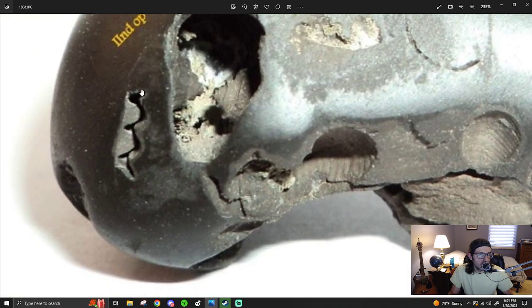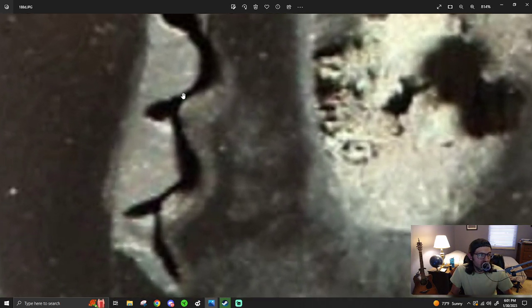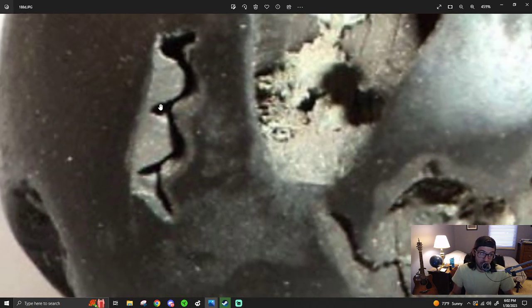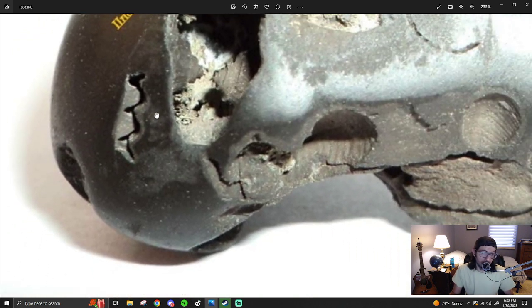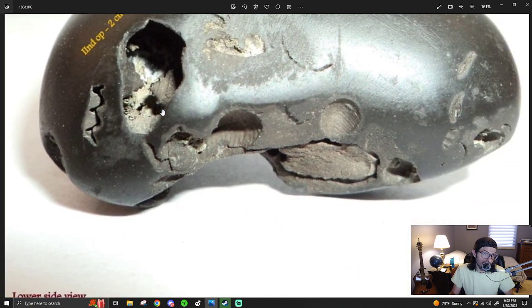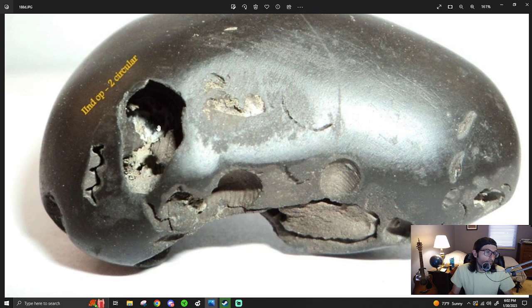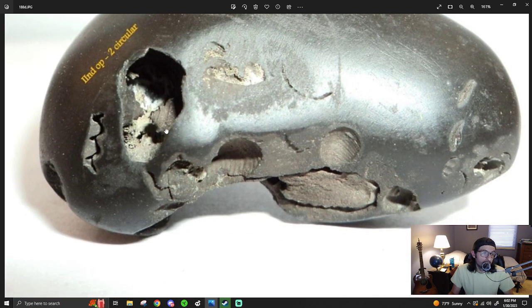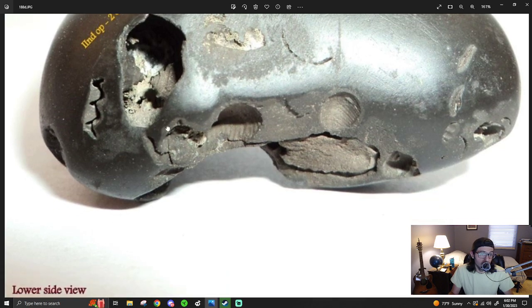Like, what is this? That's what currents do, dudes, not fossils. Fossils do not do that. That looks like a perfect circle. It's so cool how it does things of that nature.